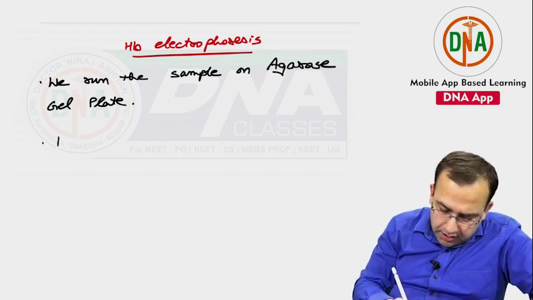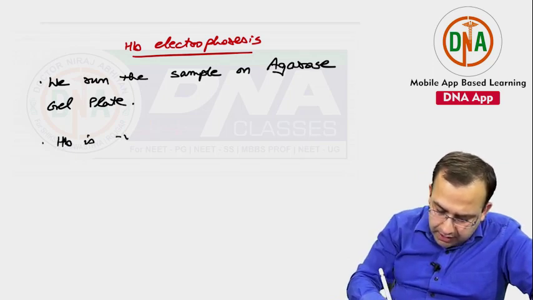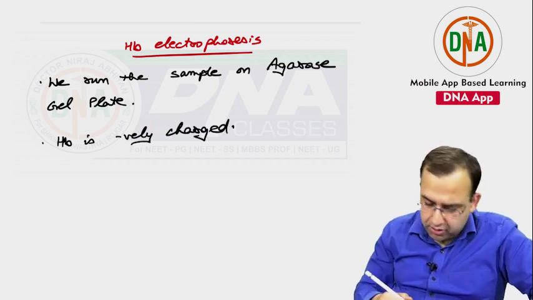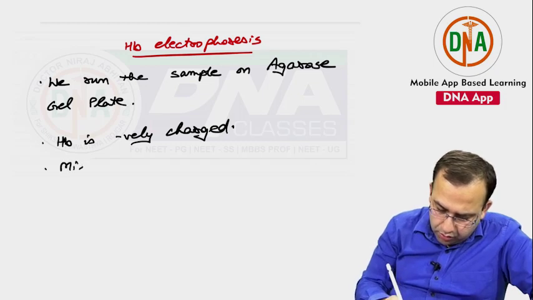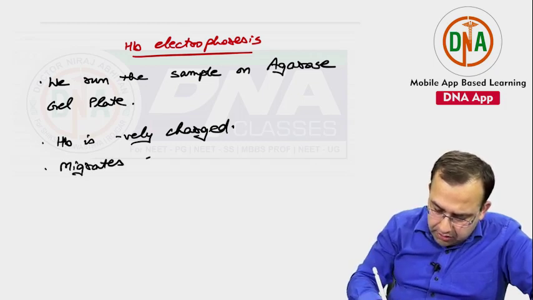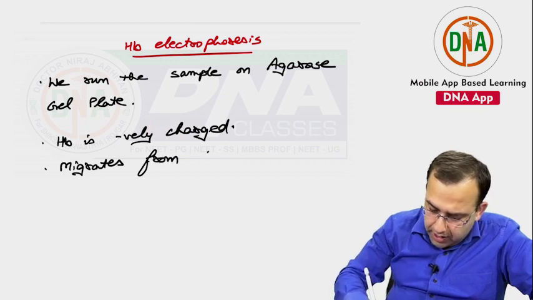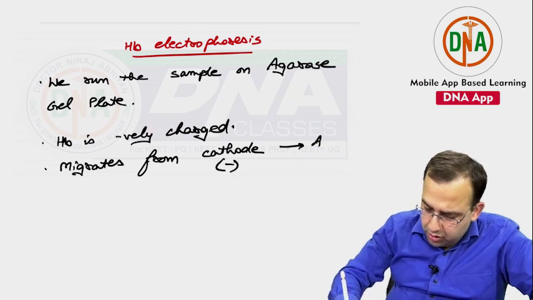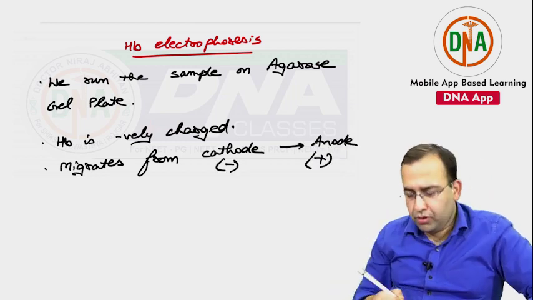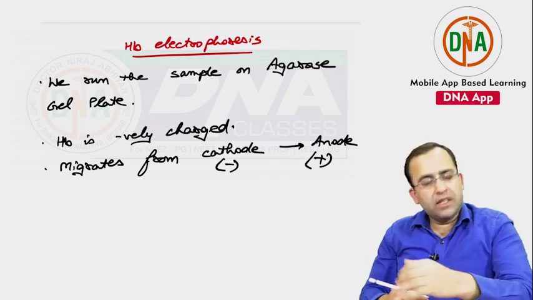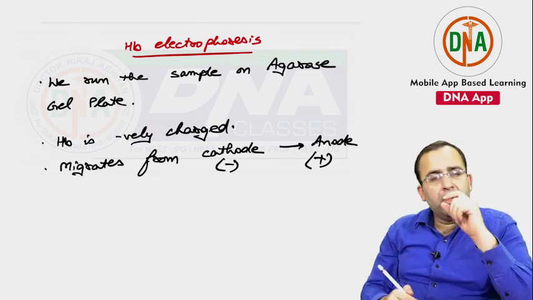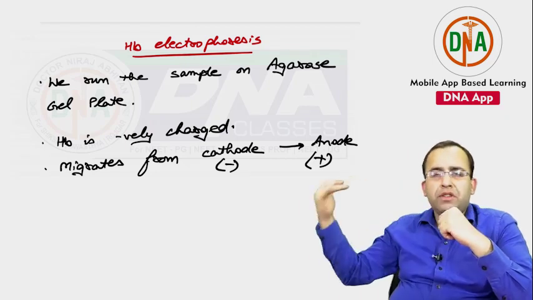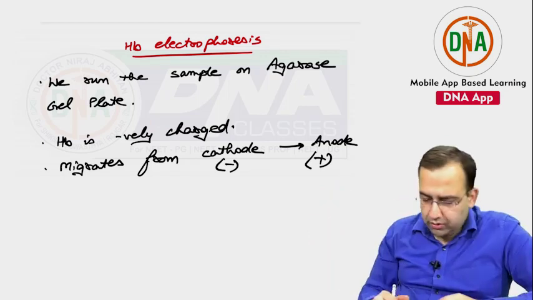Next point, hemoglobin is negatively charged. So it migrates from cathode to anode. Hemoglobin is negatively charged, so it migrates from negative to positive, cathode to anode.